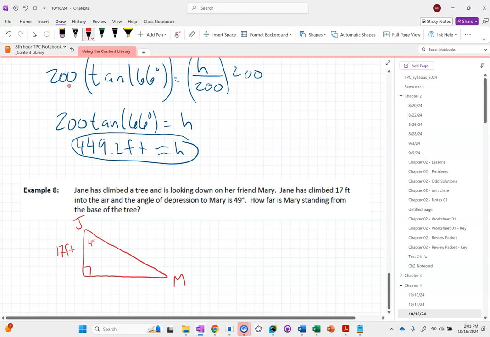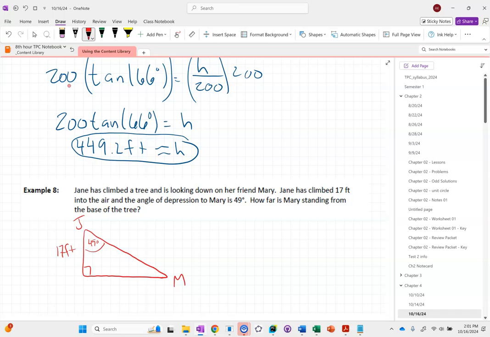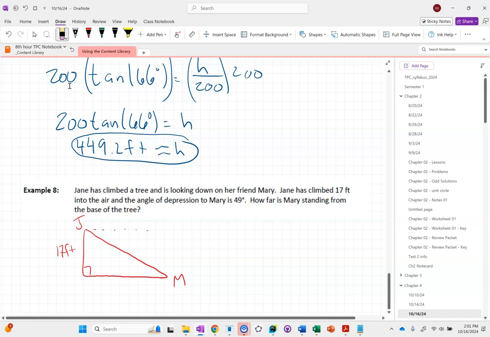You put it here, right? No. Good. Where does it go? Yeah, so Jane's line of sight would be here. So the angle of depression should be there, right? What could you put here?